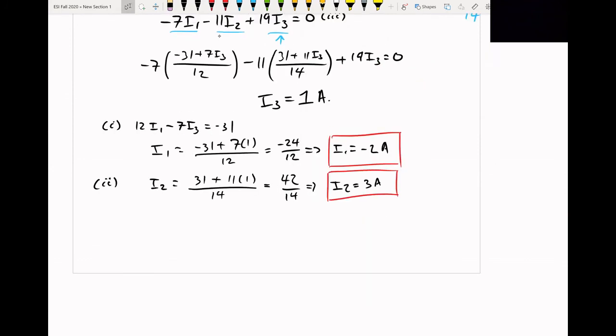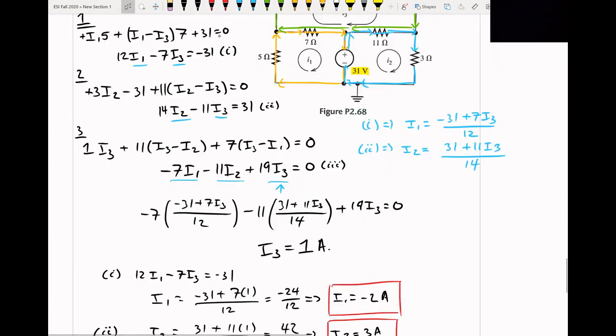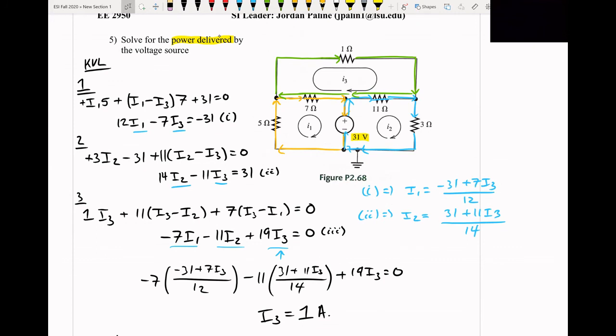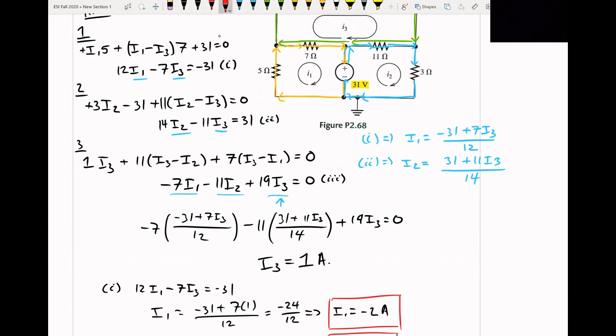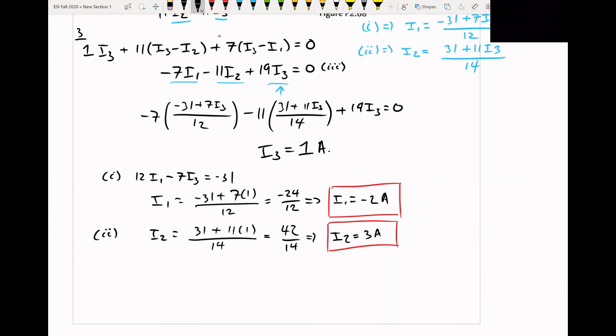Okay, so we did all that. Now that we know that, we can figure out what the current is going to be through the power supply, because we did all this just to figure that out. If I have the plus minus 31 volts, with I1 going that way and I2 going that way, I need to find the current that goes through it.